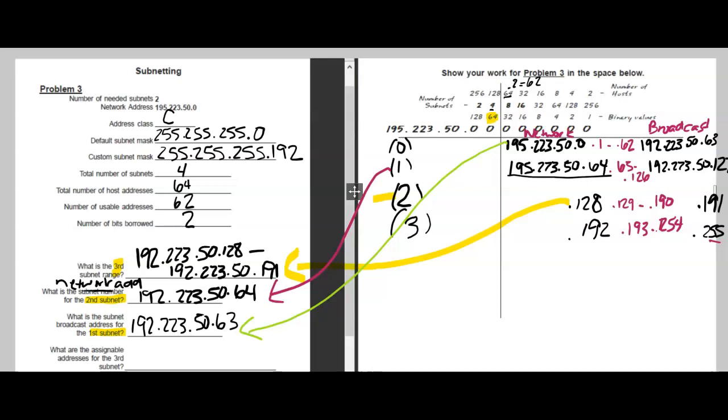And then what do we have assignable out of the third? So we're looking at this right here. So I'm just going to abbreviate it. It would be .129 through .190. And so again, that one comes out of the third as well.